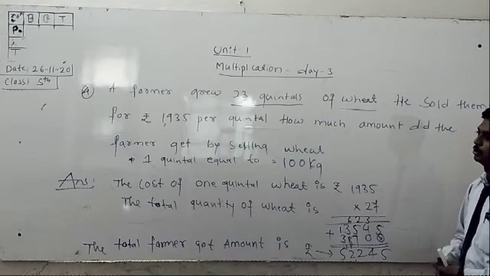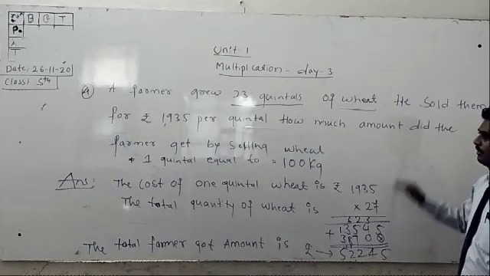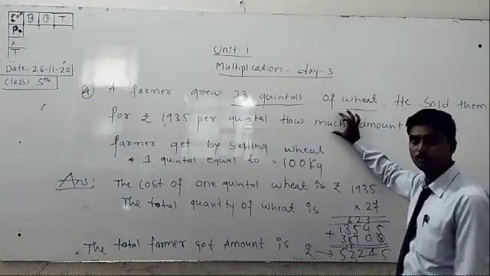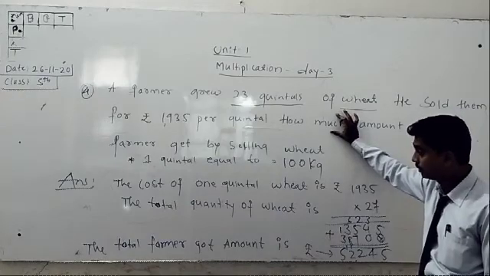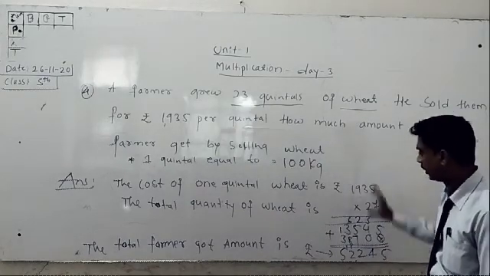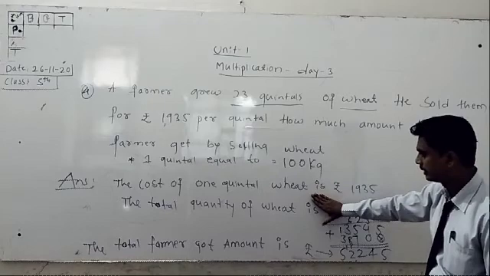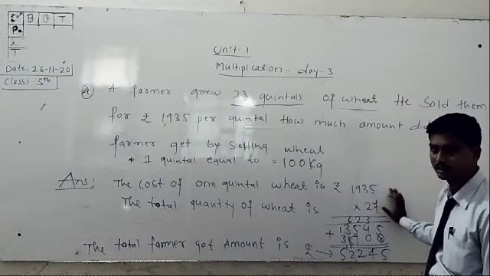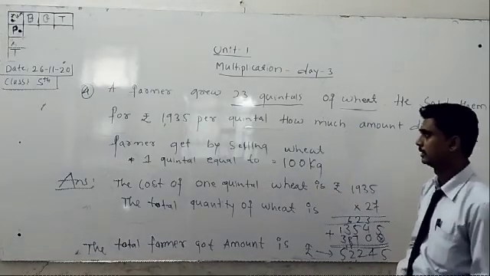He got that total amount. Okay, first of all you should read the problem carefully. Afterwards you have to write what is given there. Afterwards you have to do multiplication, then you have to find the answer. Okay.